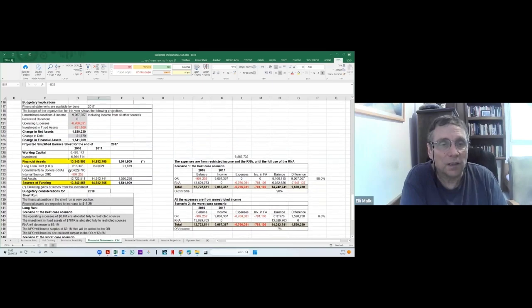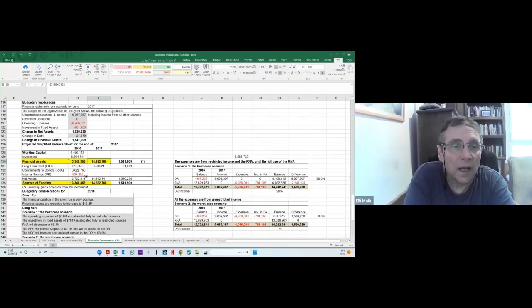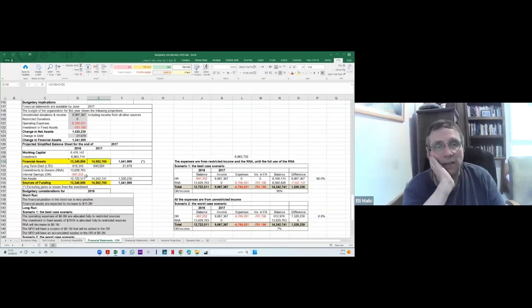Okay, so this is taken from the simplified balance sheet. Then we can use the projections here in order to project the financial assets at the end of 2017, and other components. So let's start with the financial assets.